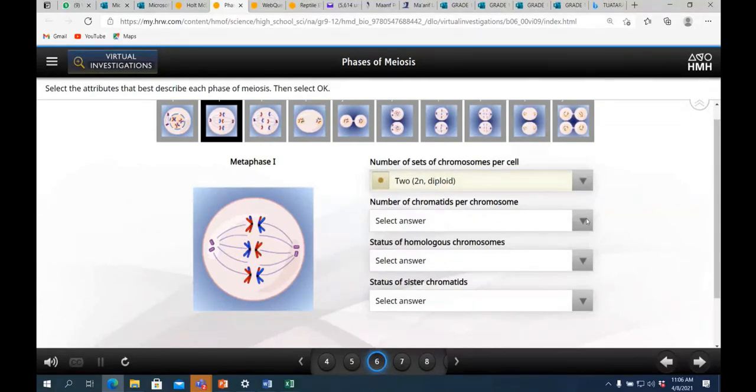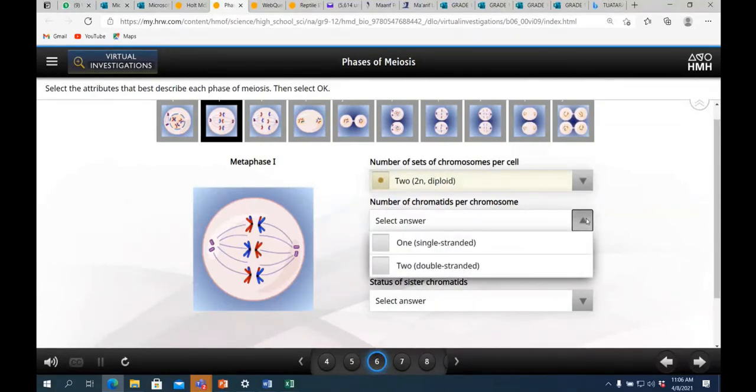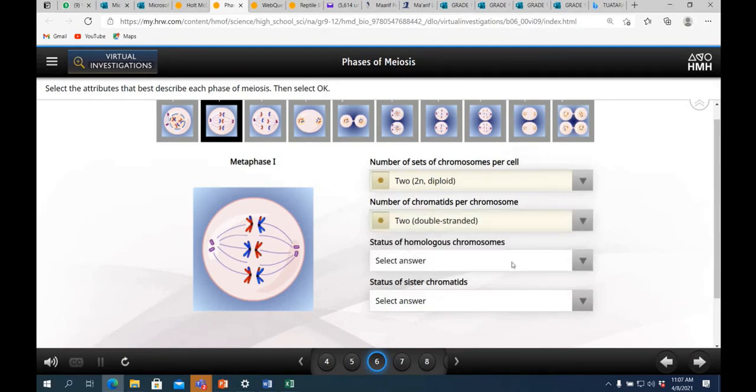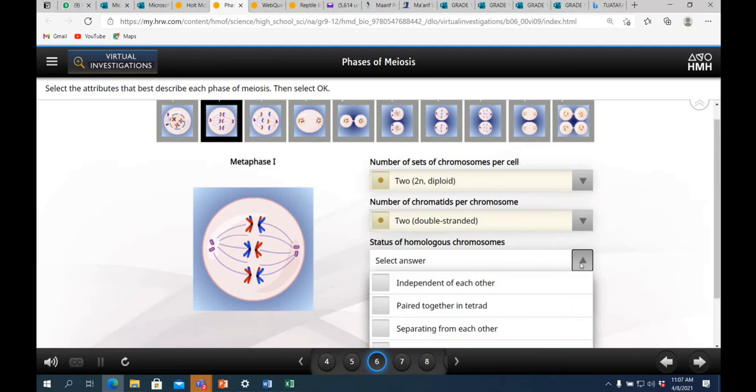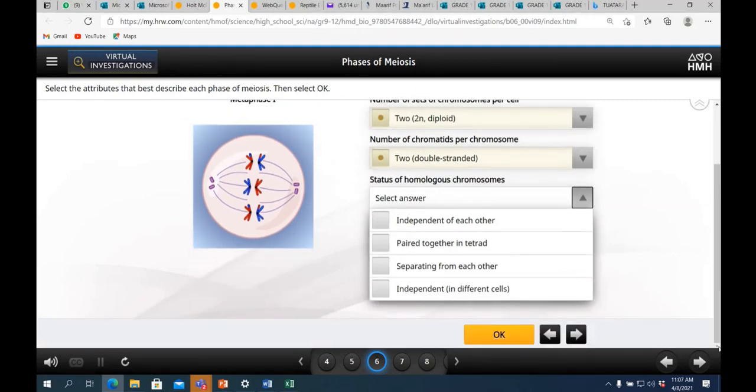Number of chromatids per chromosome: 2, again 2. Very good. Status of homologous chromosomes: independent of each other, paired together in a tetrad, separating from each other, or independent in different cells. Now if you could see the picture, what do you think is the status of the homologous chromosomes?